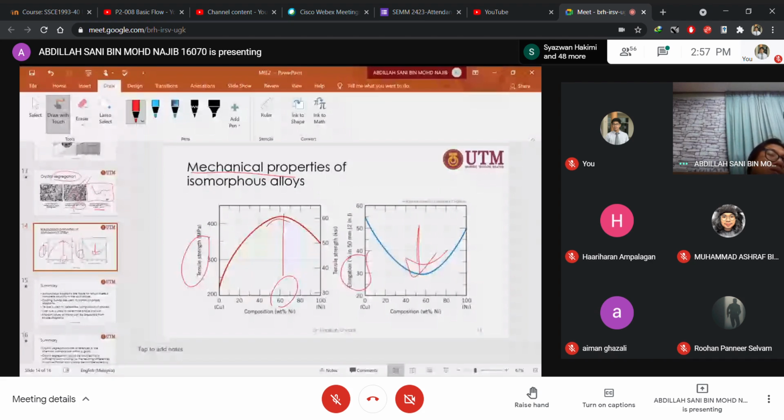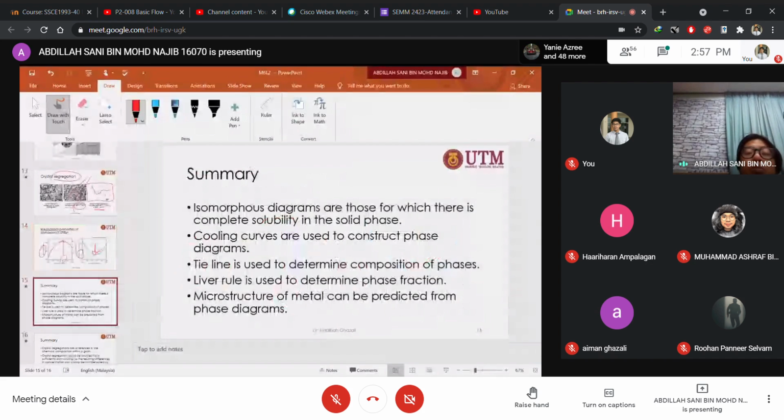Okay. So in summary, we learned about this isomorphous diagram. Isomorphous means it has only one phase, no matter the composition. And we know how the phase diagram is constructed using the cooling curve.